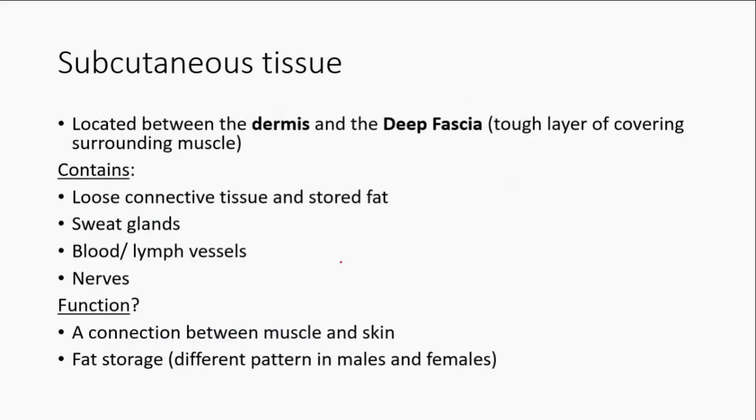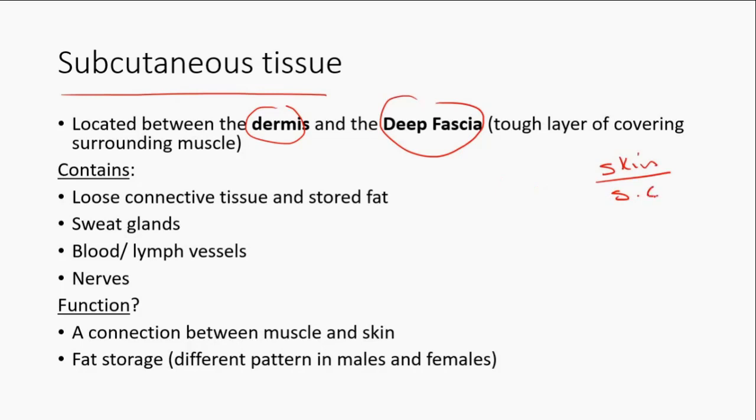So what is this tissue layer? The subcutaneous tissue is located between the dermis and the deep fascia. The deep fascia is like a tough layer that covers your muscles. So you've got your skin, underneath your skin you've got your subcutaneous layer, and underneath that you've got your muscles.